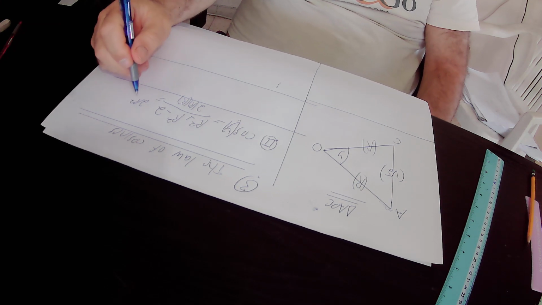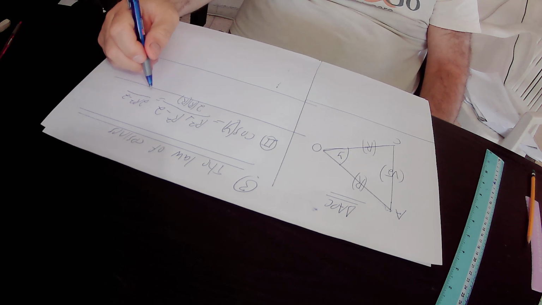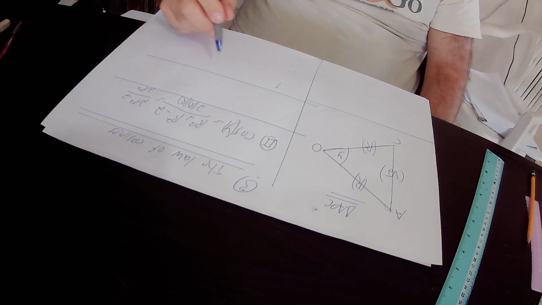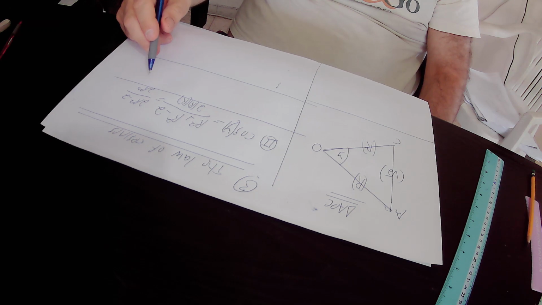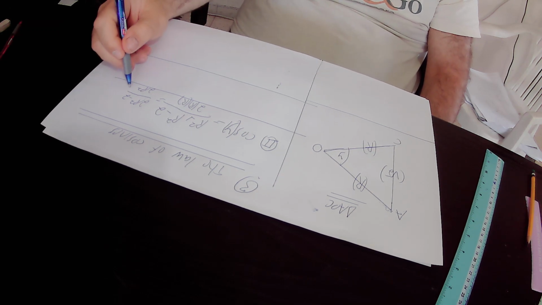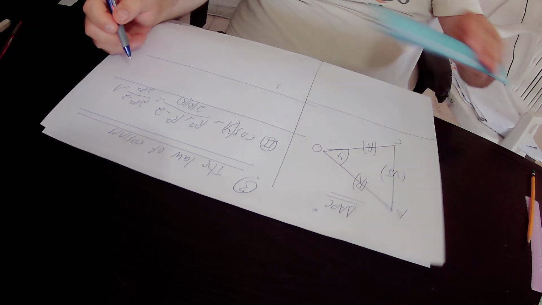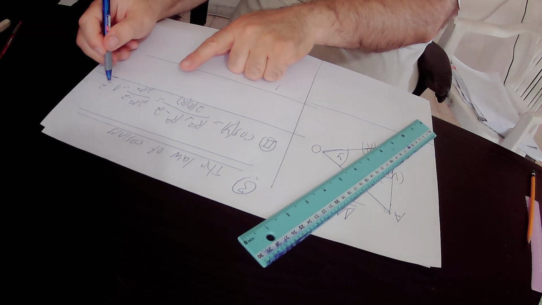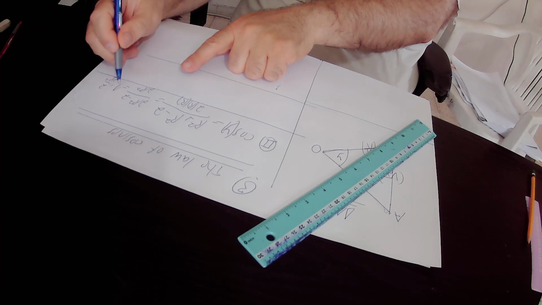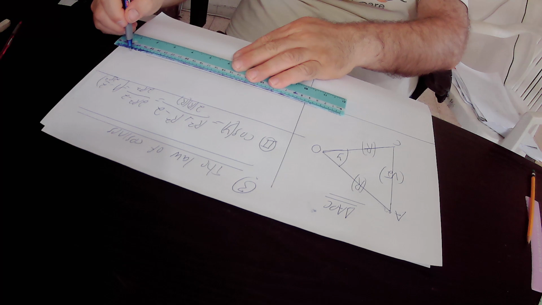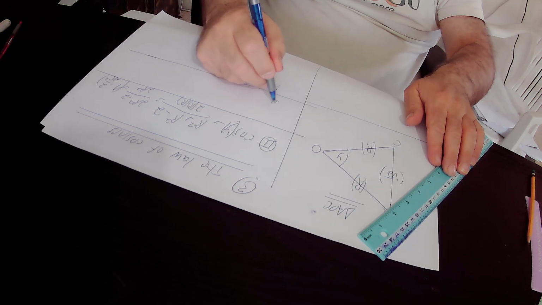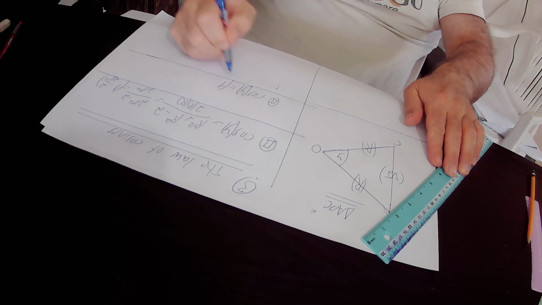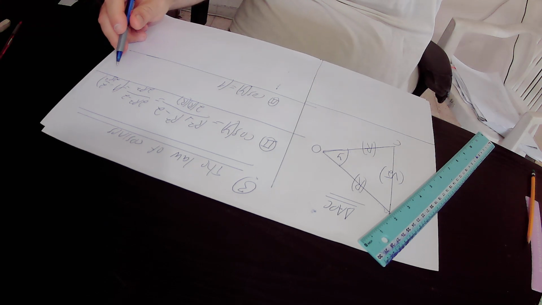So in total, in the numerator we have 2R squared minus 2, divided by 2 times R times R, that is 2R squared. 2R squared over 2R squared is 1, and we have also here minus 2 over 2R squared.